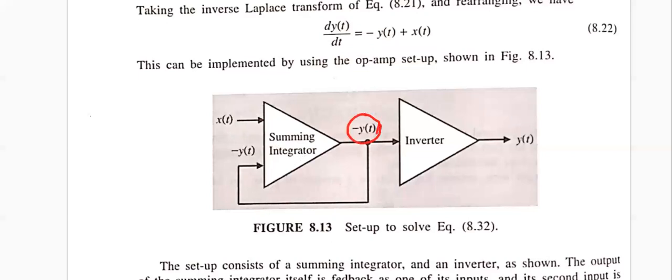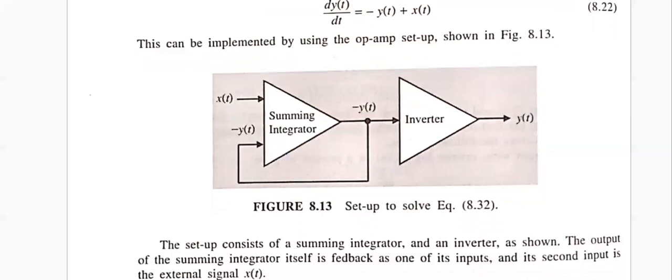Then we are inverting, and again getting the final output. So by having minus y(t) and minus x(t), we are getting the final output. And this is the whole aspect of this diagram to the equation.